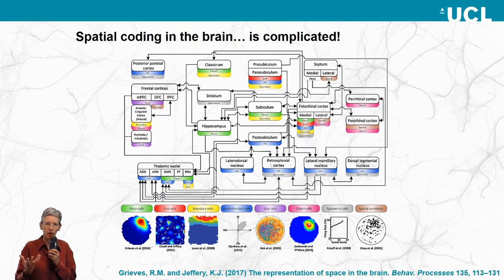So that's just a few of the new subtypes of neurons that we've discovered since the place cells were first discovered many years ago. You can see that it's really a complicated collection, and so the brain has a lot of different subtypes of information, all pertaining to knowing what is where in the environment. And so this is telling us that the neuronal coding of spatially relevant information is somewhat specialized.